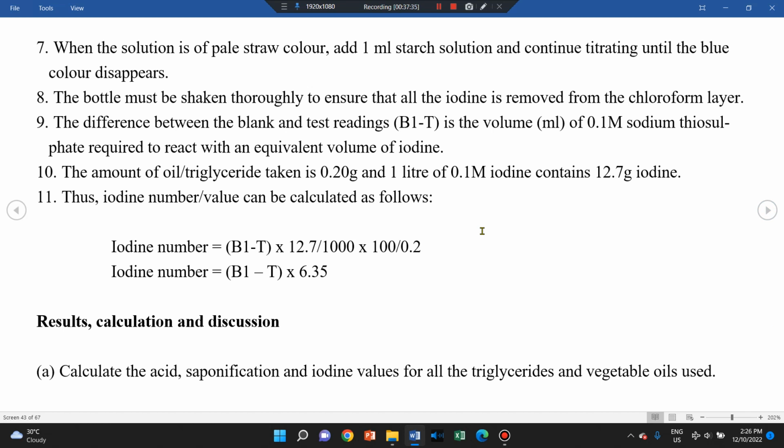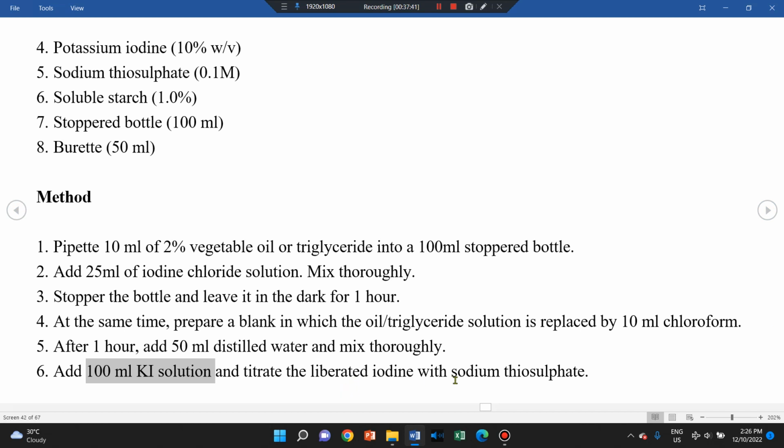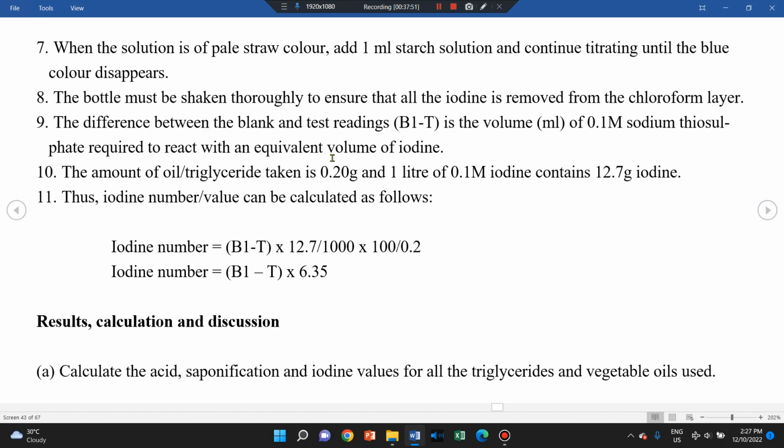After adding a lot, if I recall, of the sodium thiosulfate, which is now in the burette, quite a lot of volume you have to add. As I said before, it may even exceed 50 ml. Only then will you see the pale straw color, and that's where you add the starch solution.